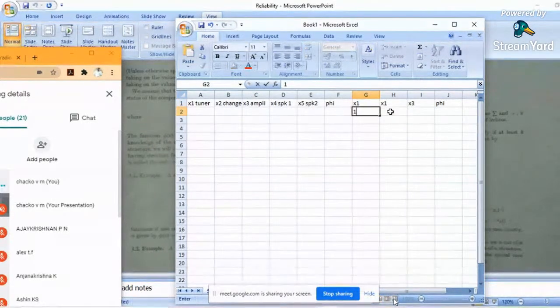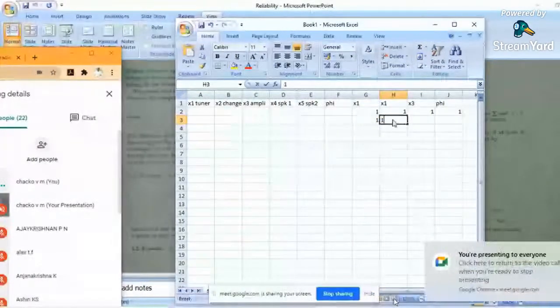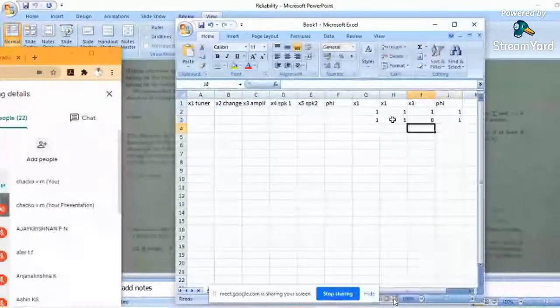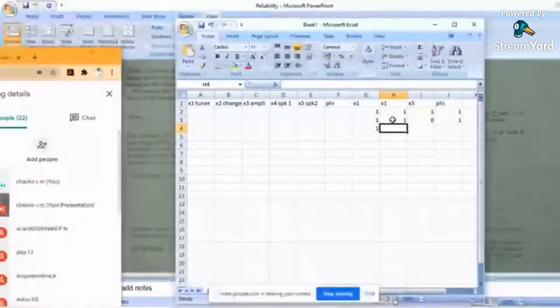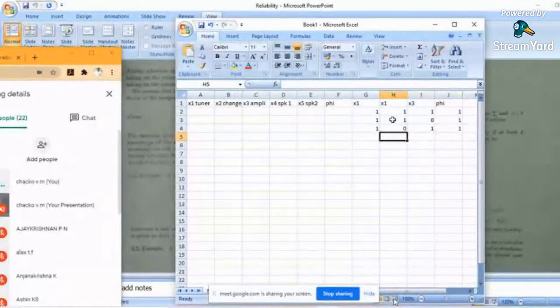For example, suppose component 1 is functioning, 2 is functioning, 3 is functioning, then the system will automatically be in functioning status. In another case, the first component is working, the second is working, the third is failed, again the system will be working. First working, second failed, third working, then the system is working. First failed, second and third working, the system is working.